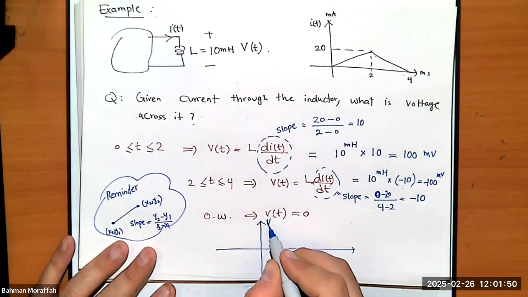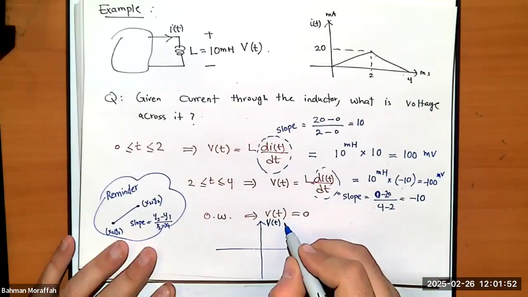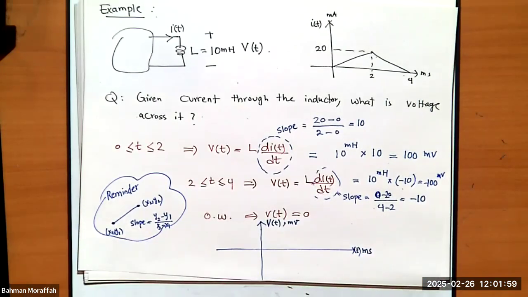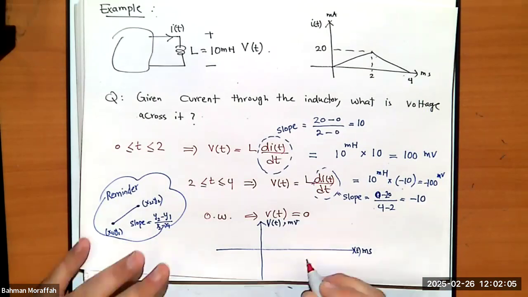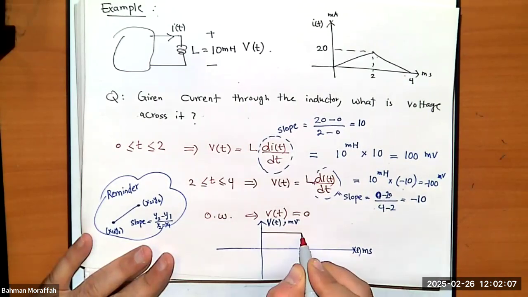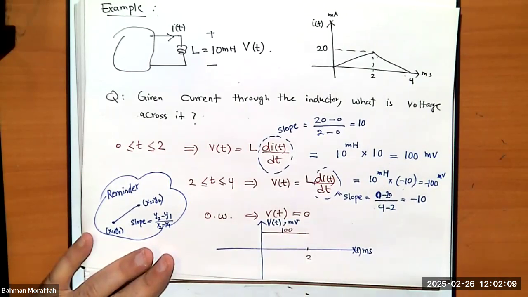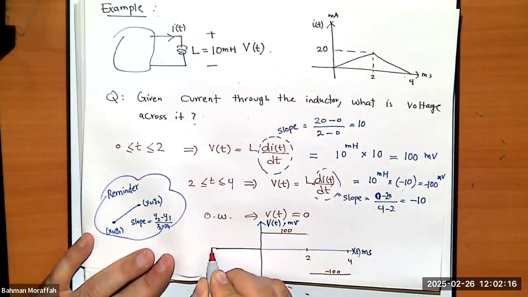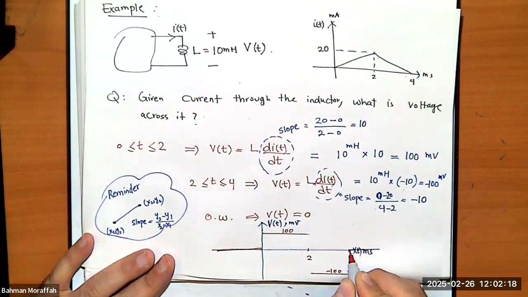This is v of t, let's say in millivolts. This is time, in milliseconds. For times between 0 to 2, the value is 100. The value for times between 2 to 4 is negative 100. For the rest of them, it is just 0.